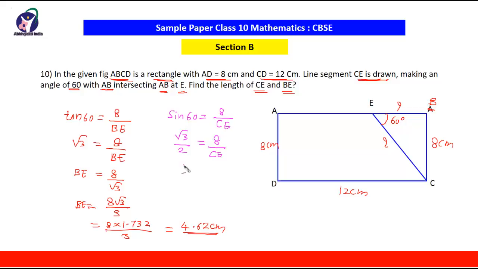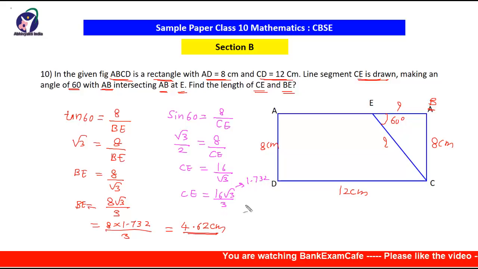So cross multiply, CE will go to this side. So 8 into 2, that will be 16, and root 3 will come to this side, 16 by root 3. Rationalize this. So you will get CE is equal to 16 root 3 upon 3. So put the value of root 3 as 1.732. So 16 multiplied by 1.732 divided by 3 gives you CE is equal to 9.24 centimeter.